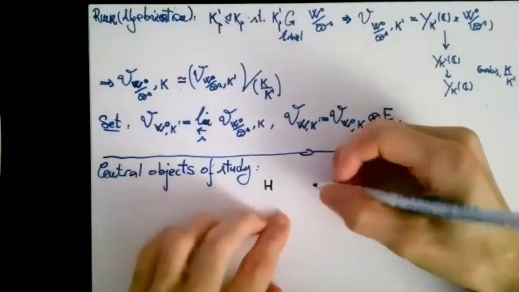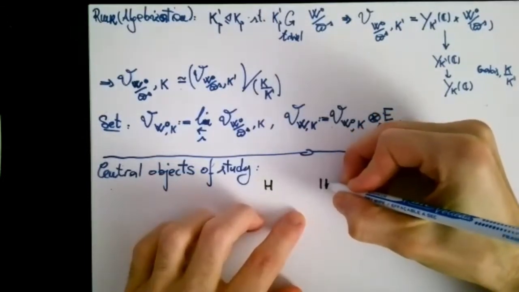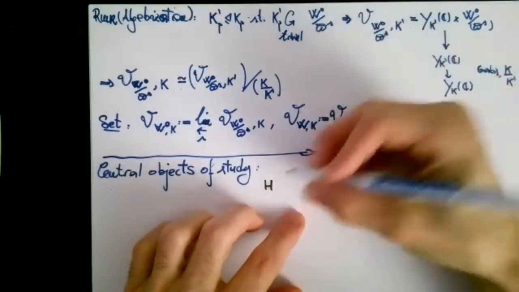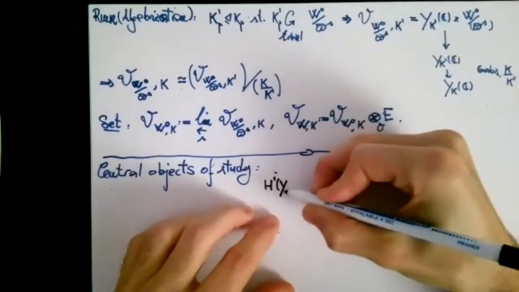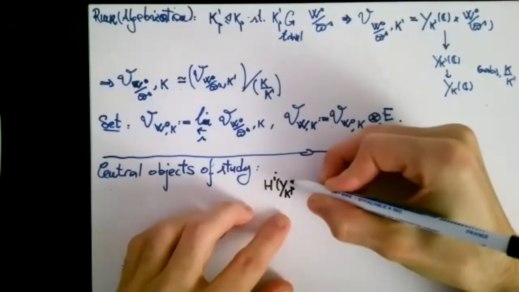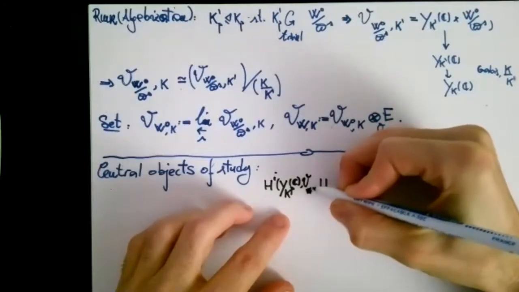So I consider what I defined just before. So first of all, I define H^i of Y K upper P, W naught.